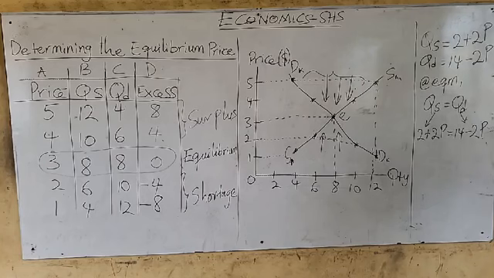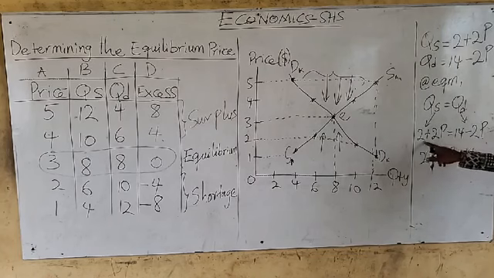So just make price the subject and you will see what will happen. So let's manipulate this one. We are bringing like terms together to one side. 2p, we bring this minus 2p across, this equal sign will give you plus 2p, which will be equal to the 14 here, and we are sending the 2 because they are alike.